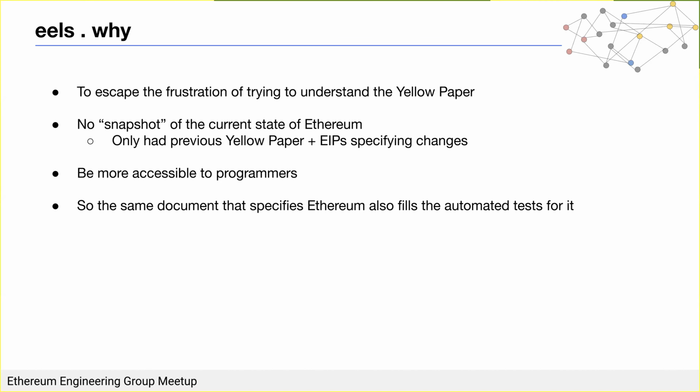We also want the same document that specifies Ethereum to be able to fill automated tests for it. We want to be able to take the exact content of an EIP and fill a test for that EIP, instead of having to write the EIP, implement it in Geth or Reth, and then generate the test with that client.